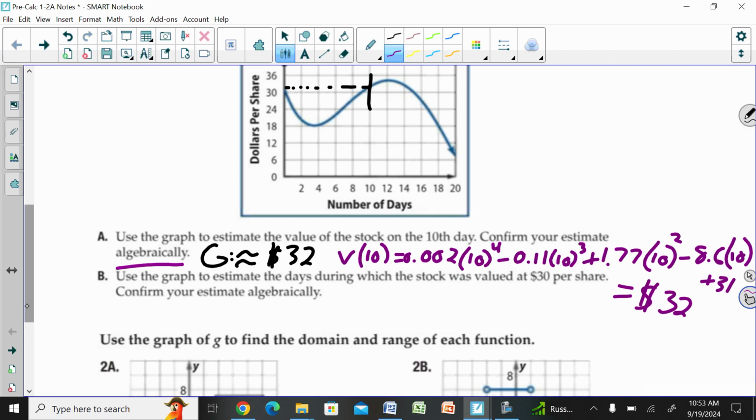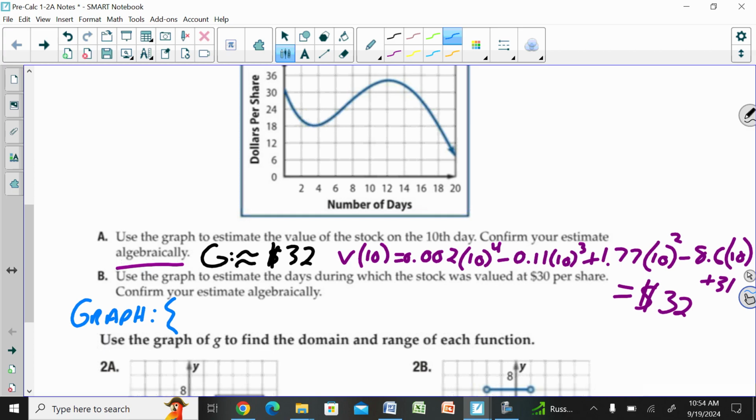All right. Part B says use the graph to estimate the days on which the stock was valued at $30 per share, and then confirm this algebraically. Just by looking at the graph, where was it $30 per share?